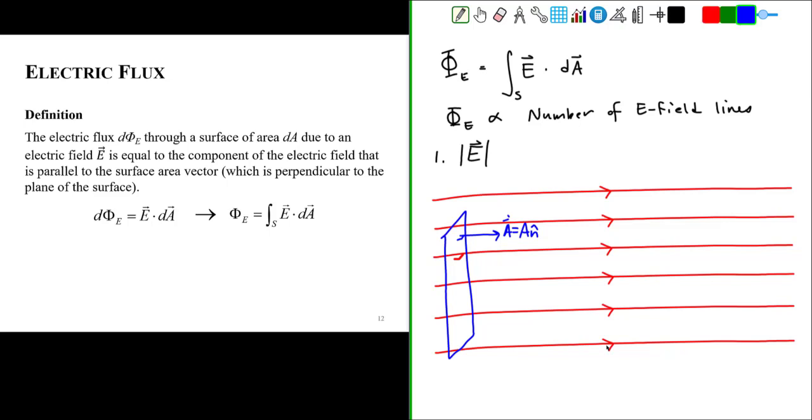What if we use a smaller surface, oriented just the same? What if our surface was this big? I'll just call this area 2, and I'll call the first one area 1.